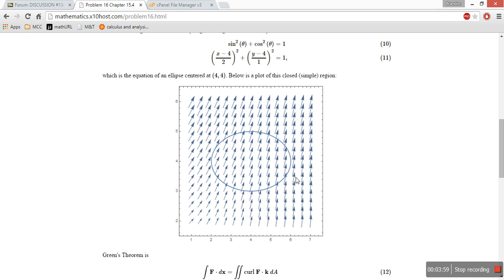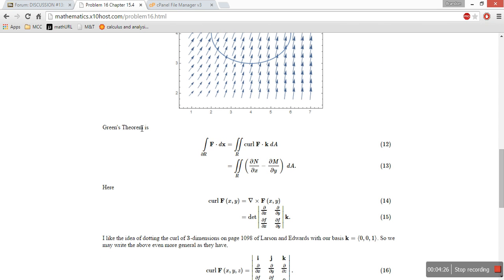I've overlaid in Mathematica the path of our ellipse, the contour that we're integrating over, in the vector field, which is all the arrows here. And so we see the ellipse is centered at 4, 4. We have 1 unit in the y direction, and 2 units in the x direction for the semi-axes.